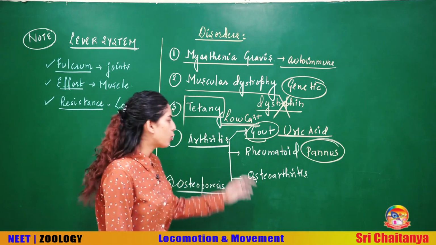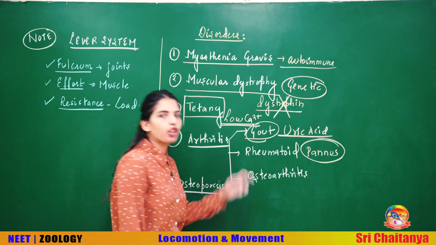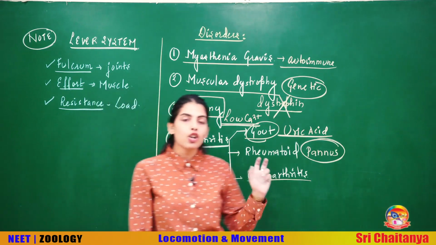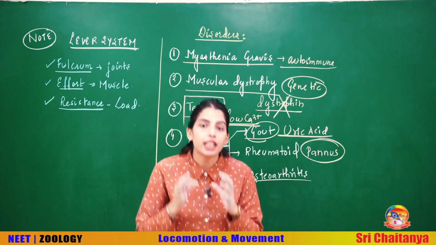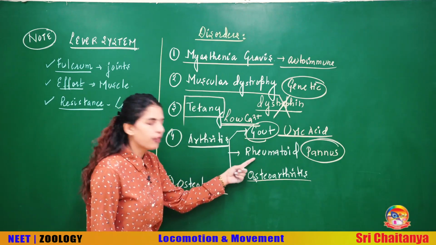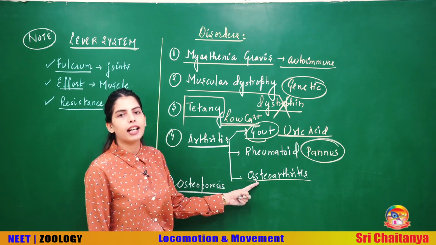That is called rheumatoid arthritis, inflammation of the synovial membrane and an autoimmune disease. Talking about osteoarthritis, in osteoarthritis, inflammation of the hyaline cartilage, the articular cartilage, takes place. So, inflammation, uric acid crystals, inflammation of the synovial membrane, inflammation of the hyaline cartilage.